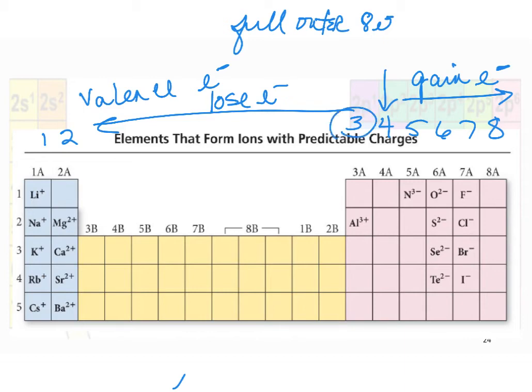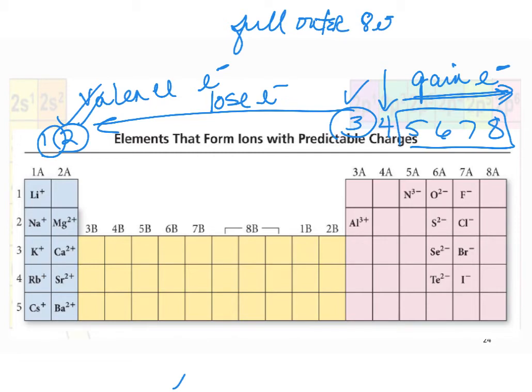Well, if they only have a few valence electrons, it takes less energy for them to lose the ones they have, and then the shell underneath is full and it's stable. If an atom has a lot of valence electrons and they're close to already having 8, they will more easily gain a couple of electrons to achieve a total of 8.